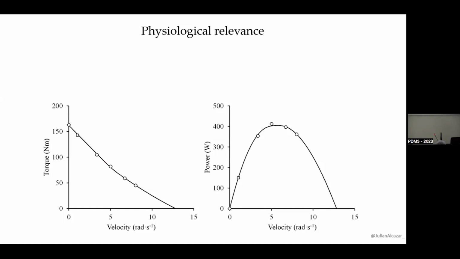And I like this torque-velocity or force-velocity relationship a lot. Why? Because it can tell us the different mechanisms that are leading to those declines. For example, if we look at that part of the torque-velocity relationship, the declines might be more related to central activation, to the total amount of motor units, or maybe also to the size of the muscles.